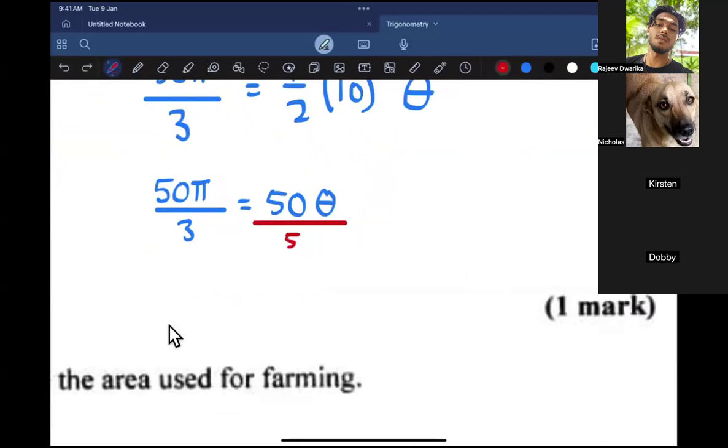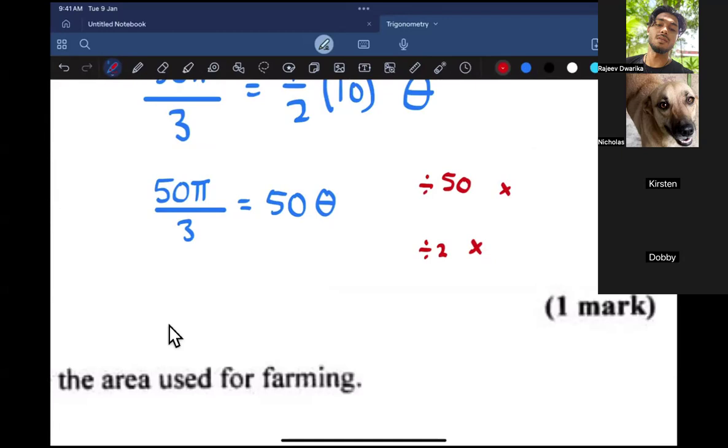Now, Kira, to make this simple for you, dividing by 50, what's another way I could say divide by 50? Multiply by what? Divide by 2 is the same thing as saying multiply by what?